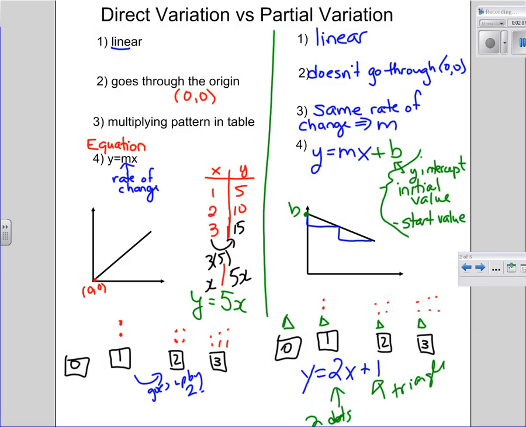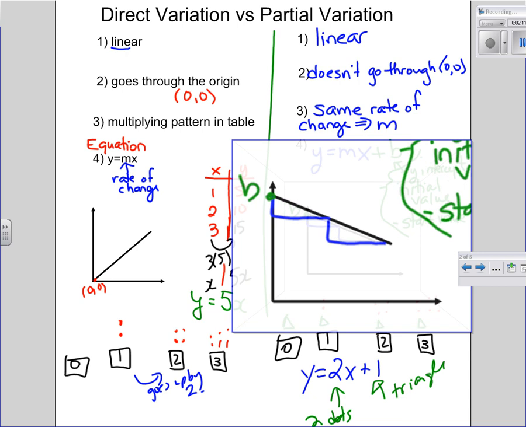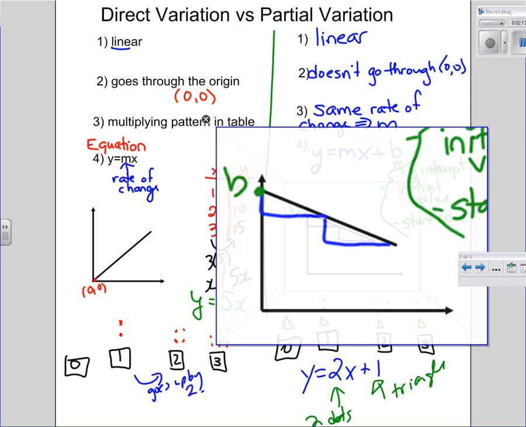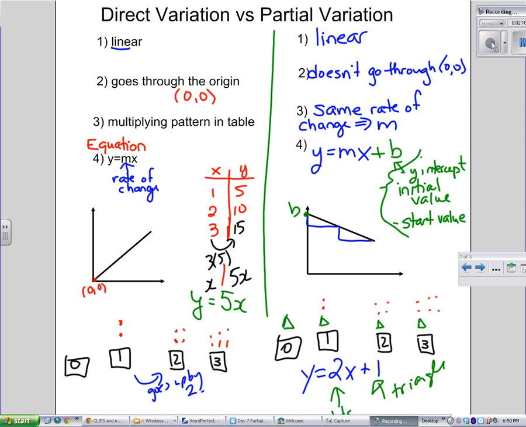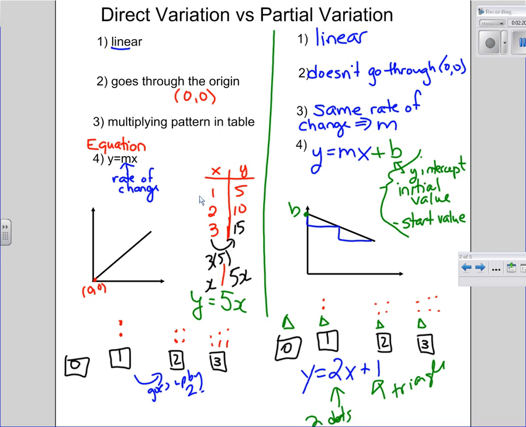If we go to a partial variation, then we notice that the partial variation does not go through 0, 0. We also set up some tables and noticed that on the table the y value is 0 in a direct variation, but if we have a partial variation, then the y value when x is 0 is something other than 0.